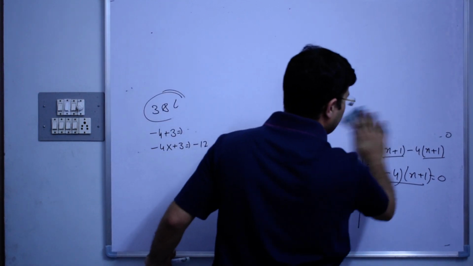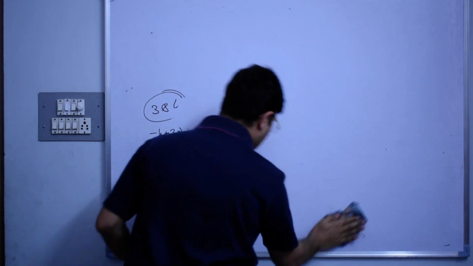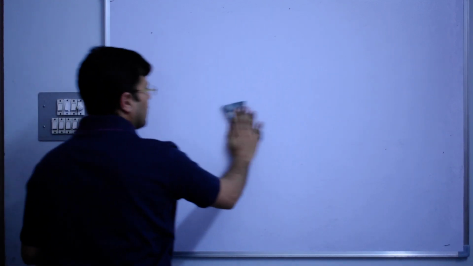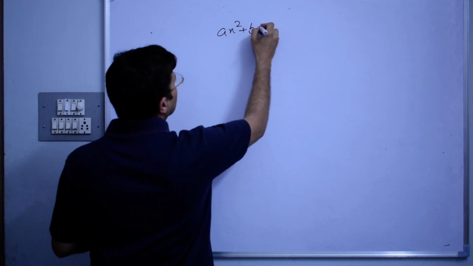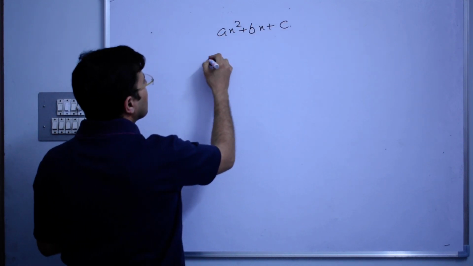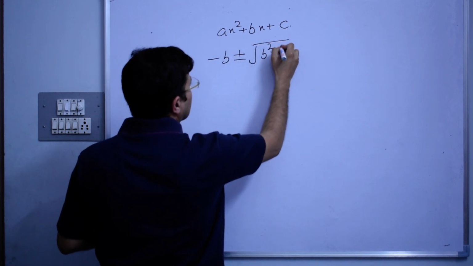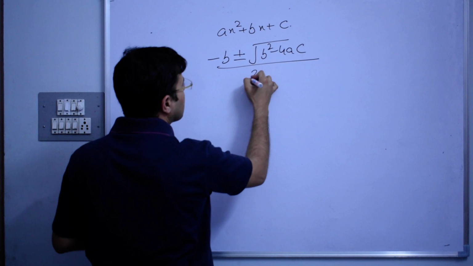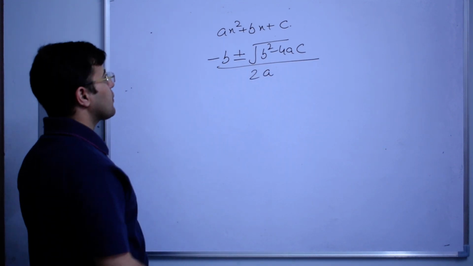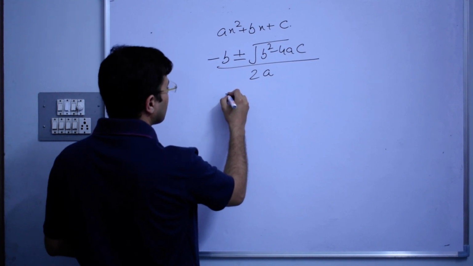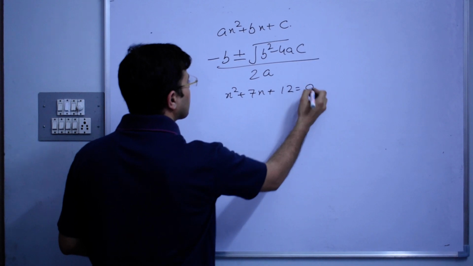Now what does the formula say? The formula says if the equation is ax square plus bx plus c, the formula is minus b plus minus square root of b square minus 4ac upon 2a. So again we'll write it as x square plus 7x plus 12 is equal to 0.